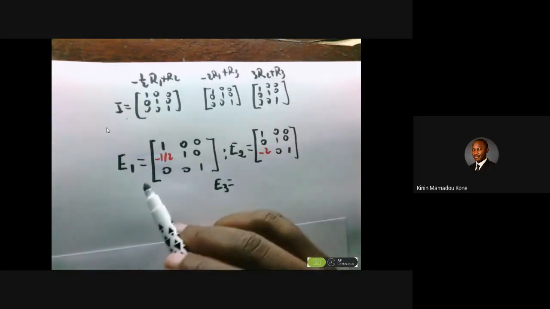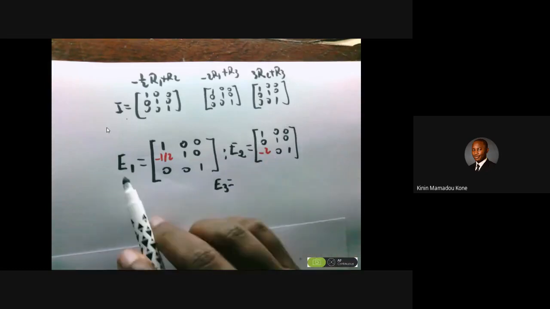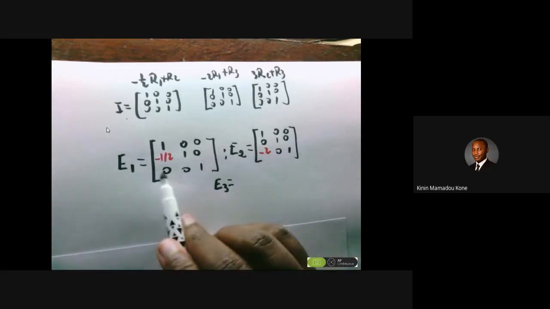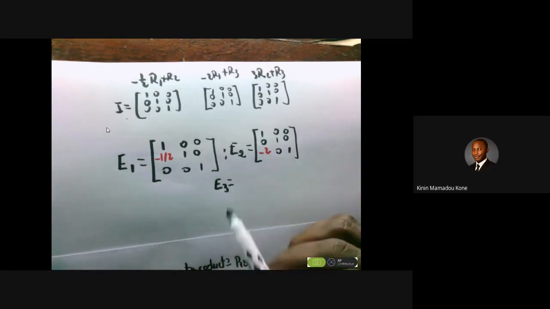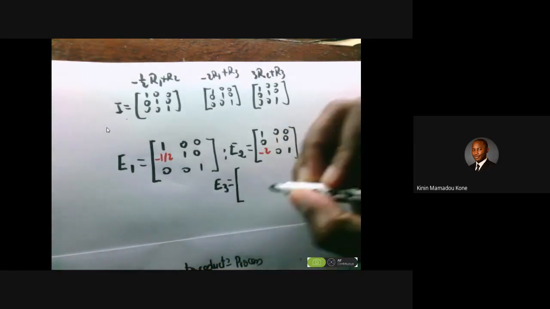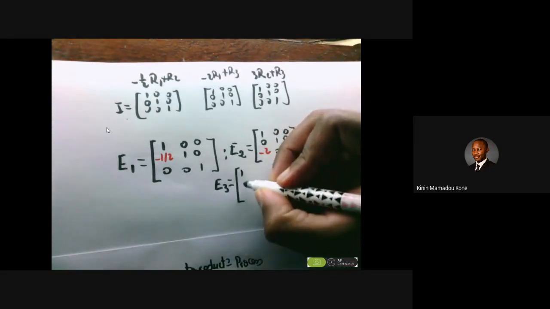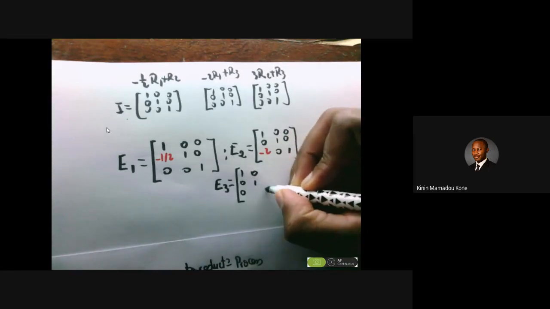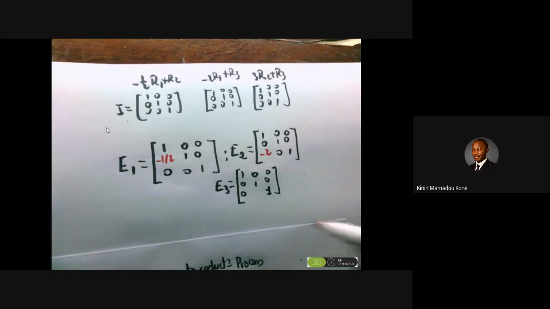Notice that we don't write 1, 2, 3 like that. No. E sub 1 means that this is the first operation that we conducted, E2 means the second operation, E3 means the third operation. So the third matrix is going to be 1, 0, 0, 0, 1, 0, 0, 3, 1. This is my E3.